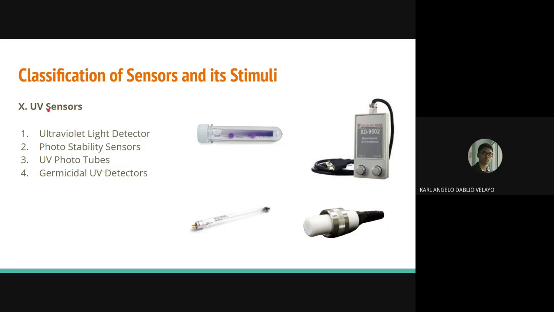Okay, now last we have UV sensors. This particular group of sensors works with the UV light spectrum. First we have the ultraviolet light detector.